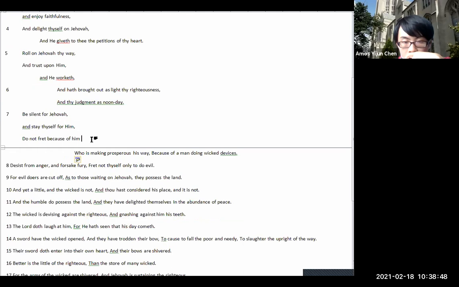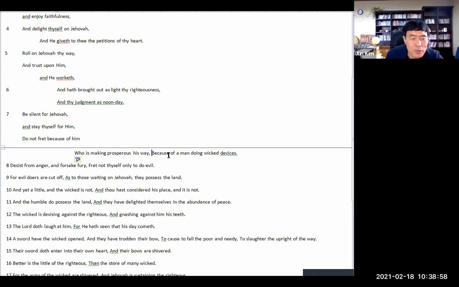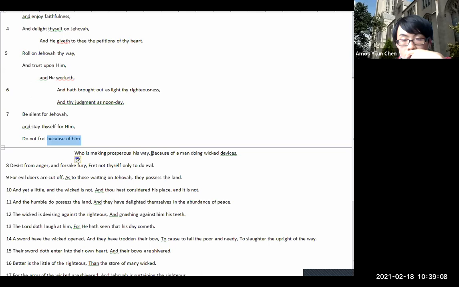Because of him who is making prosperous his way, and because of a man doing wicked devices, these two seem to be parallel. So we have because of, and then here, because of him. Is this what you're trying to say? Yeah, you can do that too.